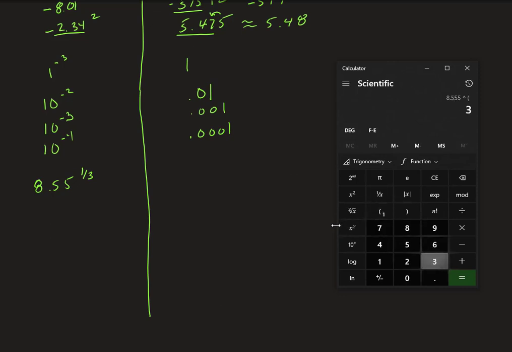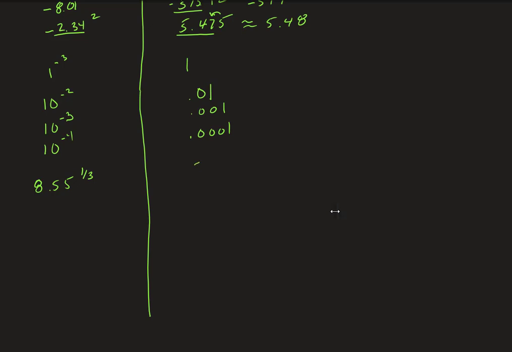You can take 3, press the 1 over button, which will give you 1/3. I got 2.045. We have 3 significant digits here, so we need 3 significant digits there, and that's going to make us 2.05 because this 5 is going to round up.